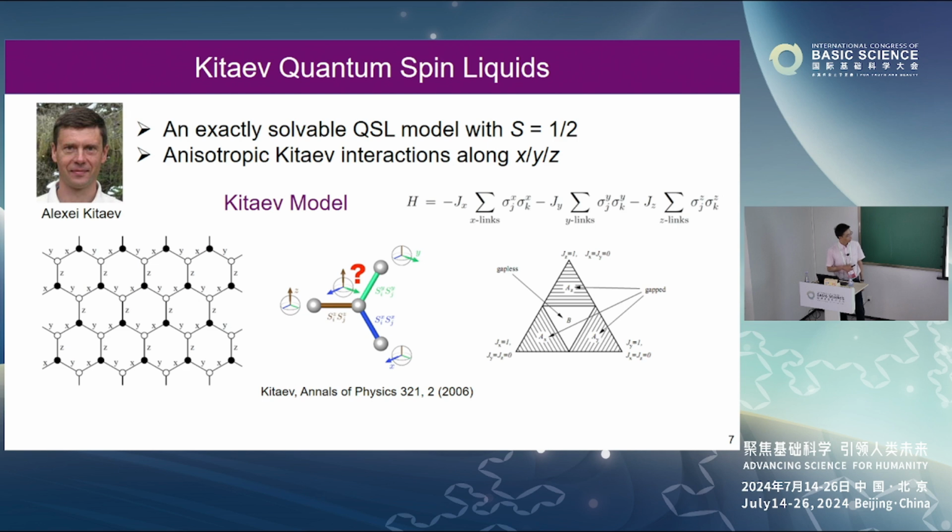The problem actually lies in the Kitaev interaction, because for a spin system, it is difficult to have this kind of bond-anisotropic Kitaev interaction, because the structure is isotropic along these different bonds. So it is unrealistic to have this kind of anisotropic Kitaev interaction, not to mention the Kitaev quantum spin liquid.